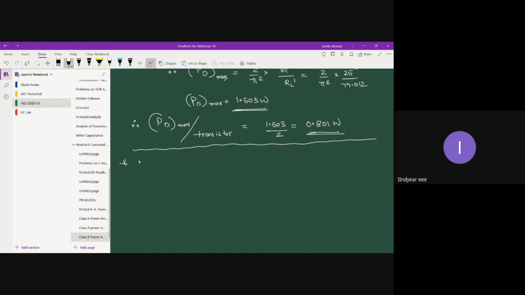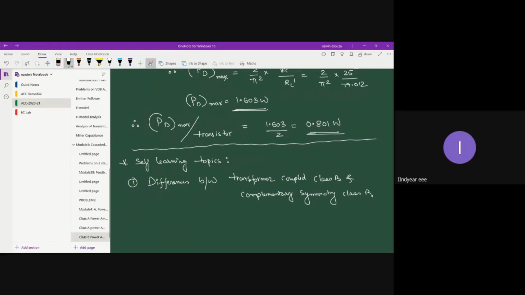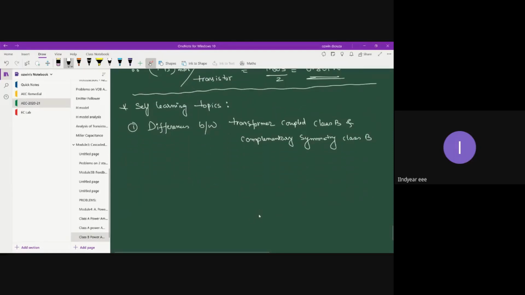Okay, so a few self-learning topics. First self-learning topic could be differences between transformer coupled class B and complementary symmetry class B. Okay, differences between transformer coupled class B and complementary symmetry class B. And the second topic will be merits and demerits.